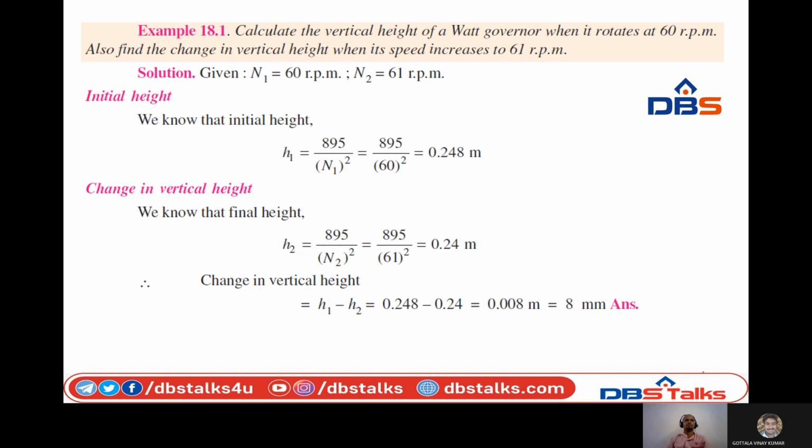Let us consider: calculate the vertical height of a Watt governor when it is rotated at a speed of 60 rpm, and also find out the change in the vertical height when its speed increases to 61 rpm.